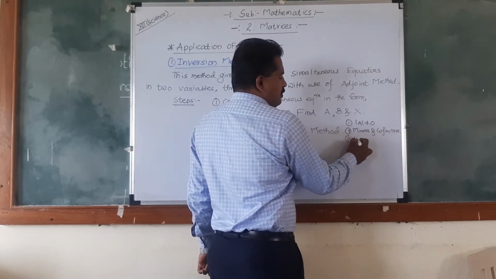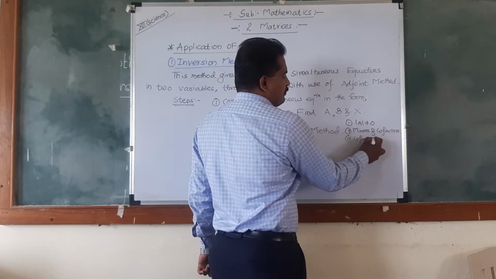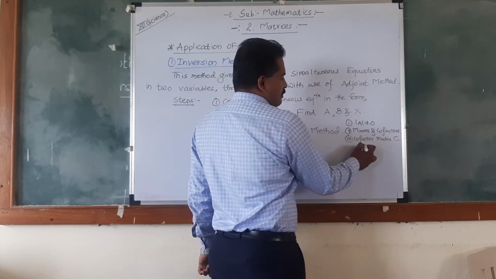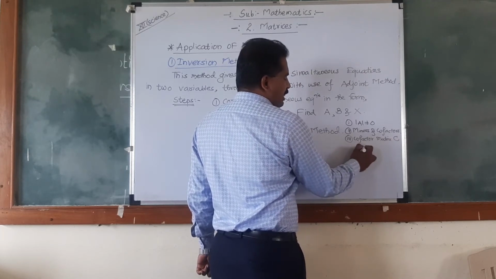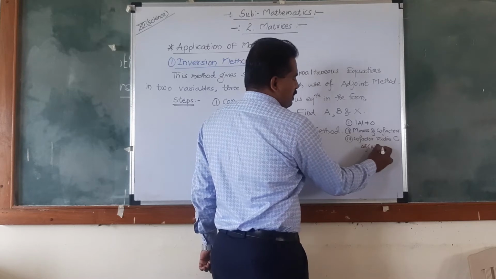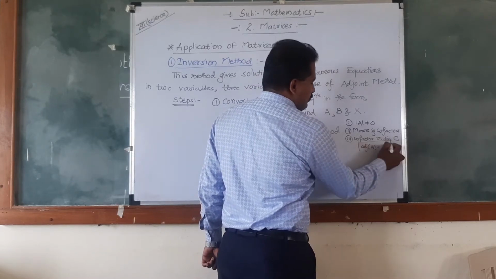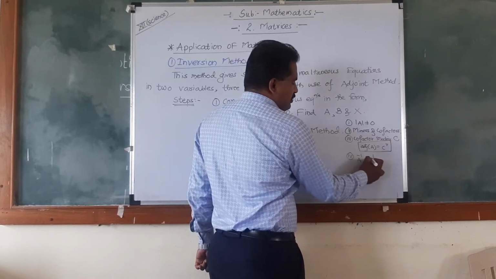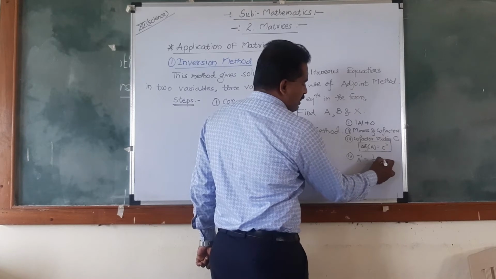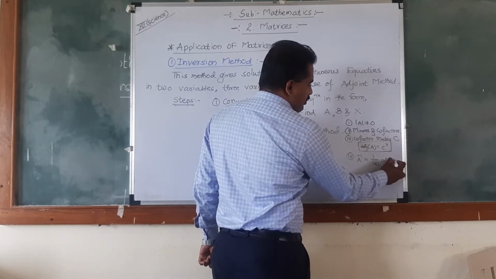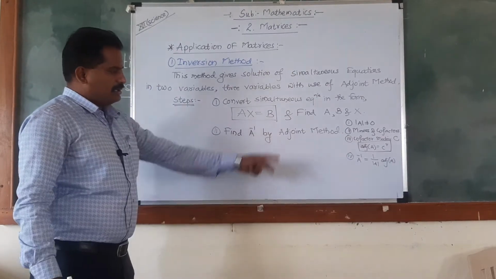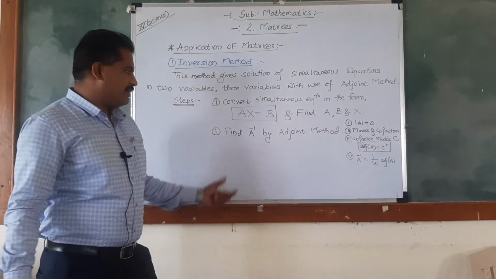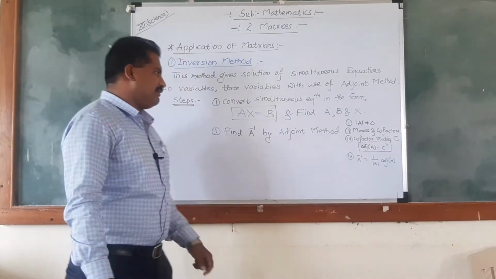Third step, cofactor matrix C. Adjoint of A is equal to C raised to T. Last step, A inverse is equal to 1 upon determinant of A into adjoint of A. These are the steps for adjoint method. With these steps, we can find A inverse by adjoint method.